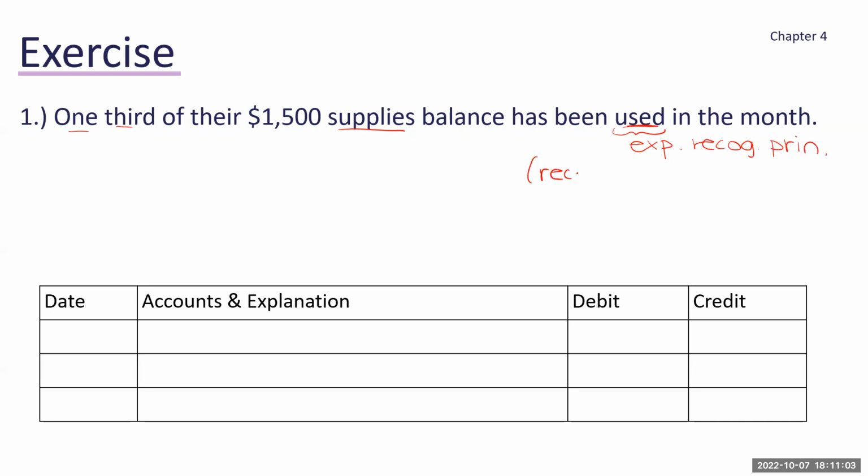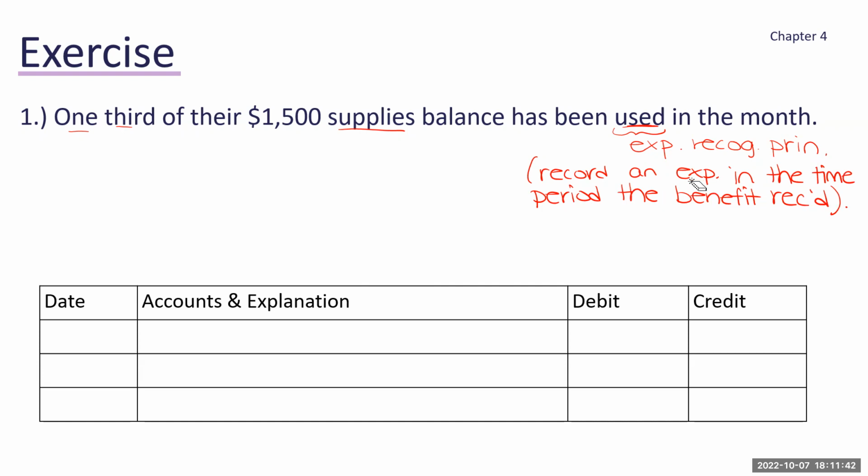It says that the company must record an expense when the benefit has been received, in the time period in which the benefit is received. That's why the expense recognition principle is also sometimes called the matching principle, because it matches the expense to the period in which you get the benefit.